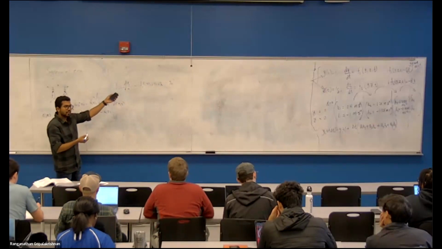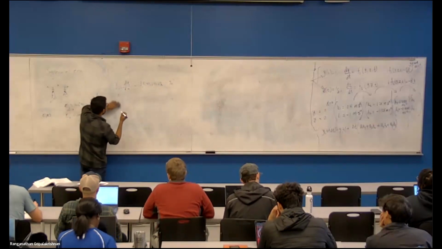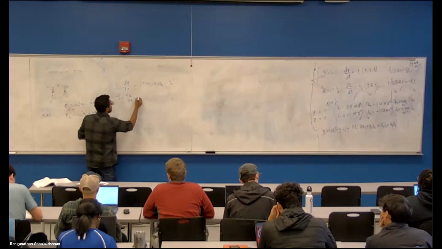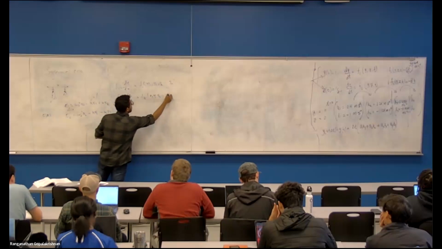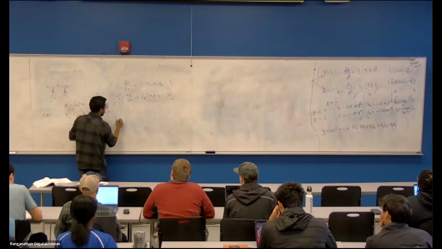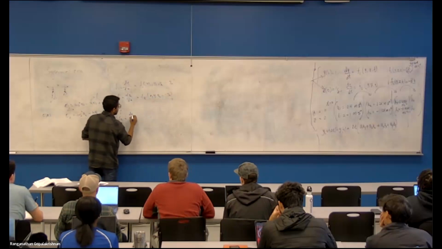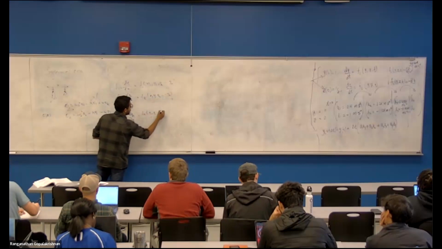But now it is a function of x, y1, y2 up to yn. And we can write f2 equal to dy2 by dx, which is a function of x, y1, y2 up to yn, and so on up to fn.